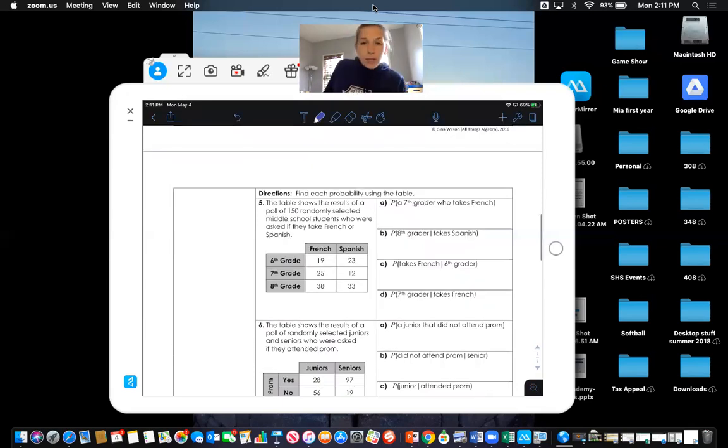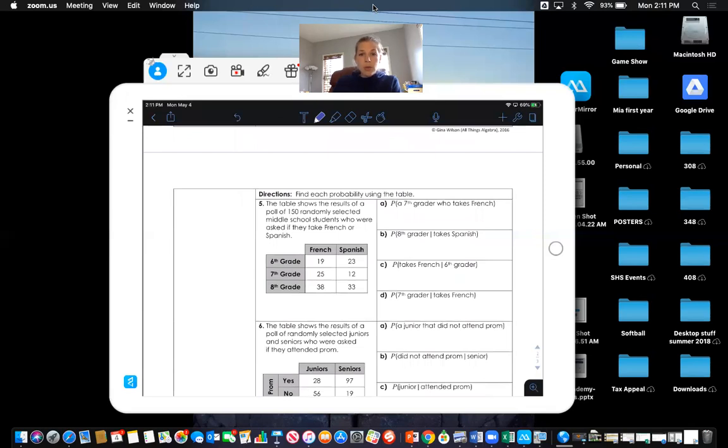Let's look through this question. The table shows the results of 150 students. It says the probability of a 7th grader who takes French. So this is not a given situation. There is no symbol for the given, and there are no words that say it is known, and there also isn't the word given.